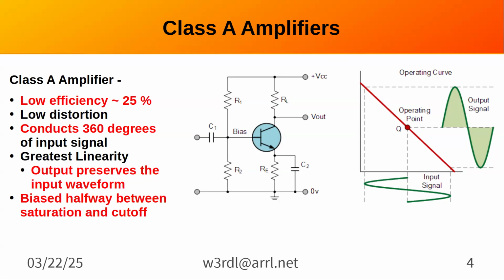If you look at the plots for a transistor, they'll show increments of base current and what the collector current is, and the spacing of those won't be even because the transconductance changes a little bit.